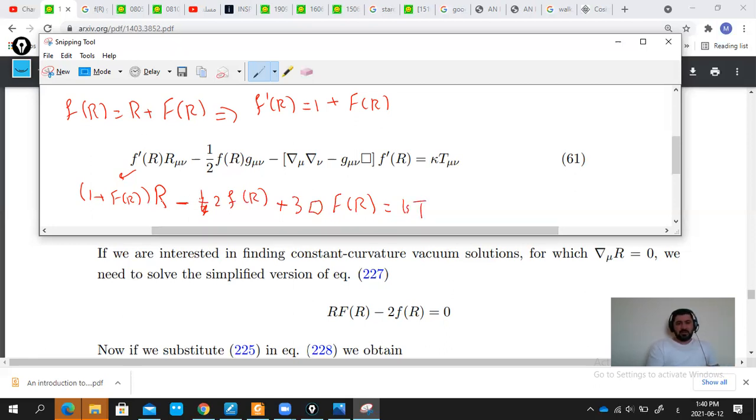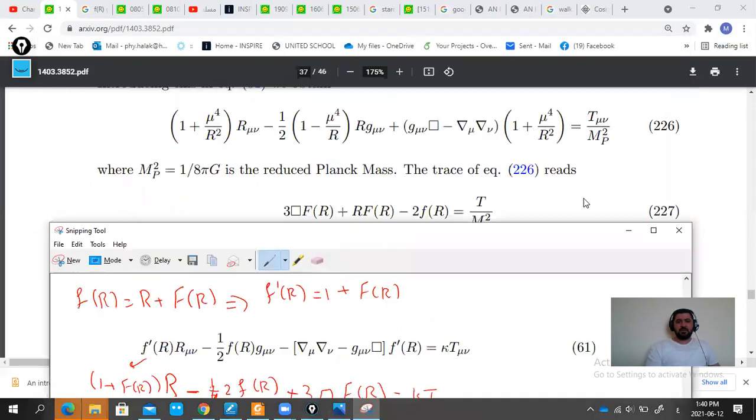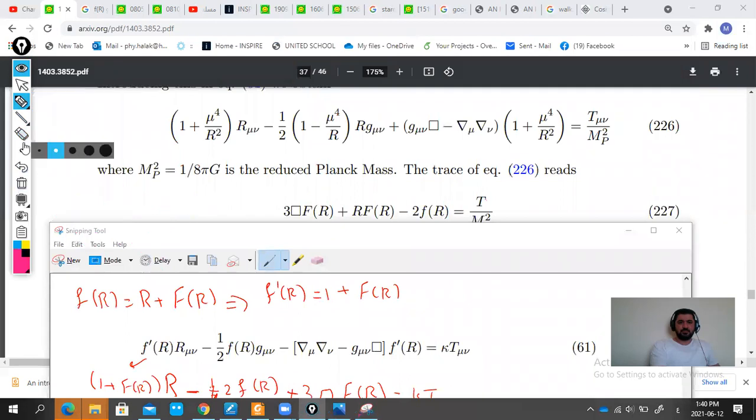Okay, so I can understand this term here. 3 Laplacian f(R) is the first term, related to this term. Now negative 2 f(R), yes, this one is okay.